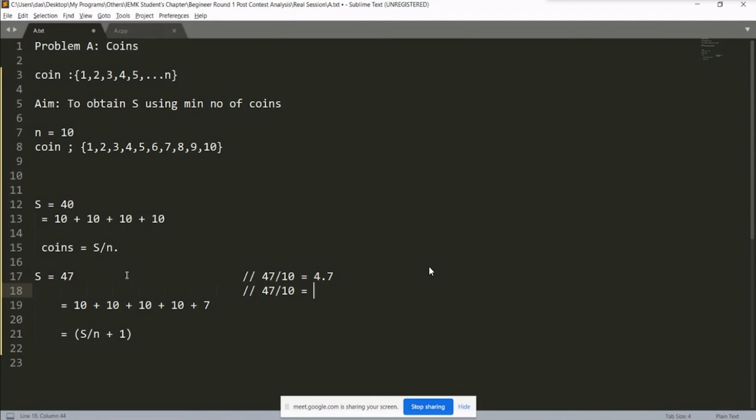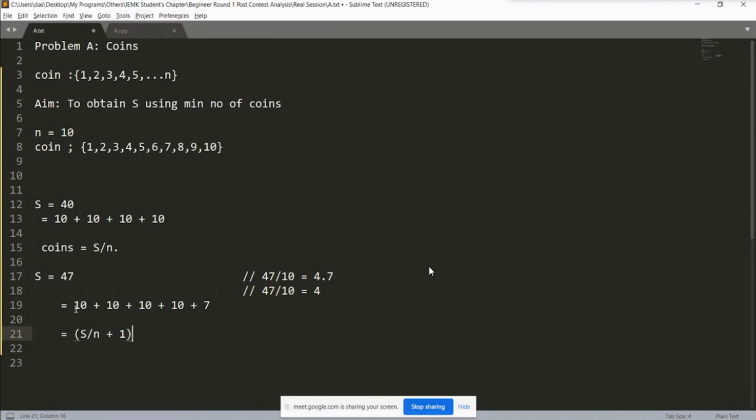You must have studied the floor function. We take 4.7, we drop the decimal place, and we obtain 4. So when we do 47 by 10, we would get 4, not 4.7.